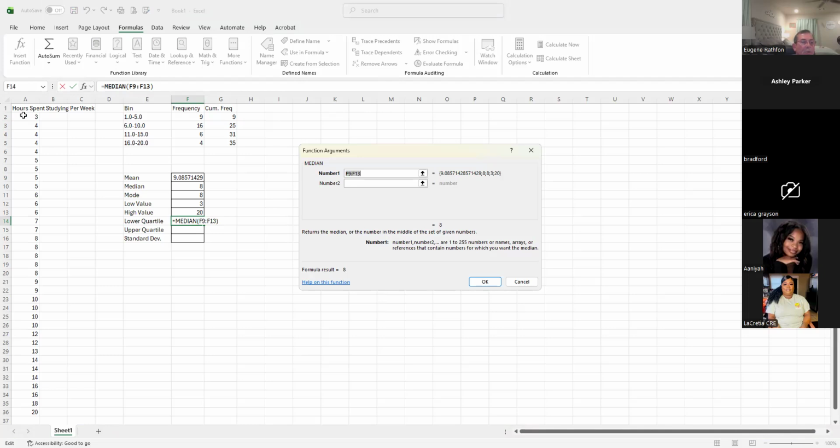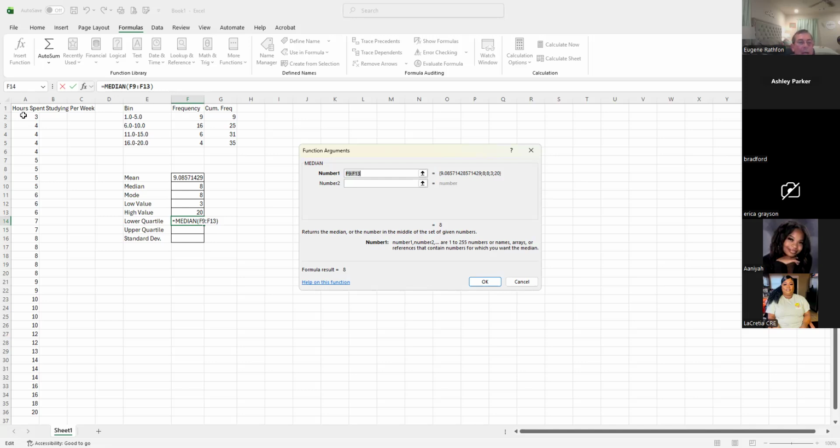So 1, 2, 3, 4, 5, 6, 7, 8, 9, 10, 11, 12, 13, 14, 15, 16, 17. So the lower 17 will give me my lower quartile. So hit OK.